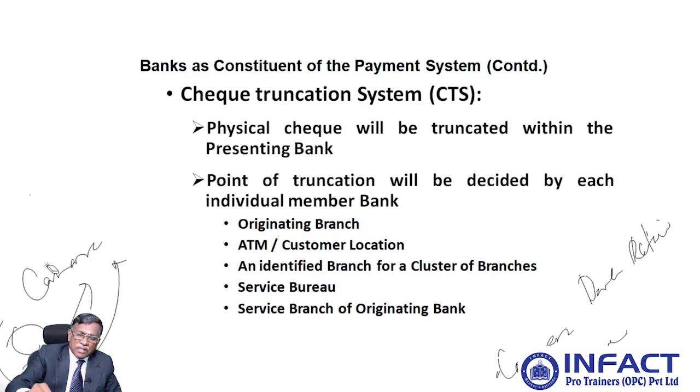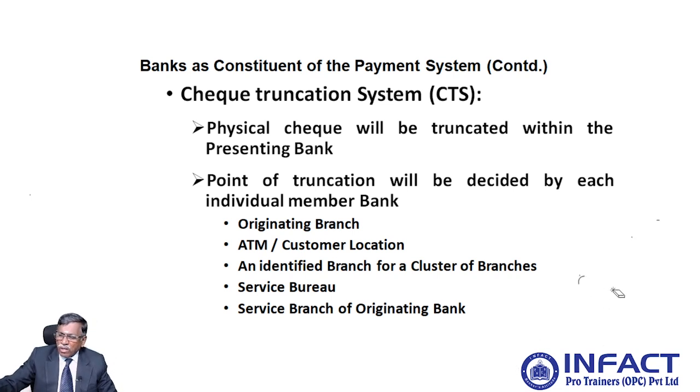Okay, let us erase all this whatever we have written over here, then move on. In the check truncation system, as we discussed, there is no physical movement of checks between the banks. Now, what is the point of truncation? The point of truncation will be decided by each individual member bank.